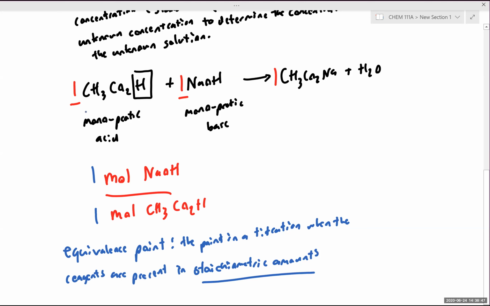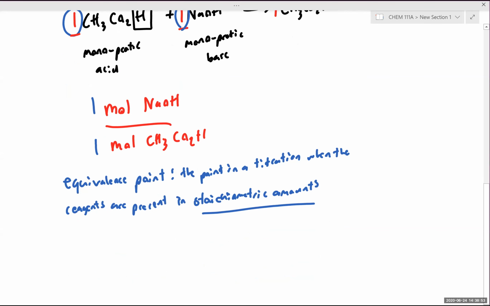So it depends on the reaction equation. In this case, it would be 1 to 1. So for this reaction, the moles of sodium hydroxide are equal to the moles of acetic acid at the equivalence point.